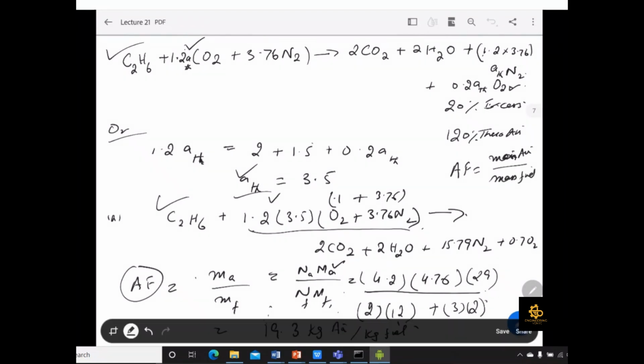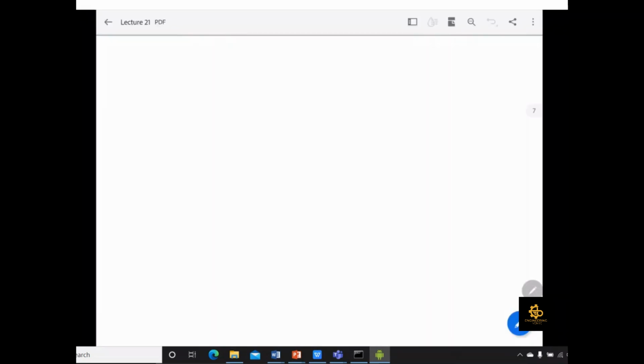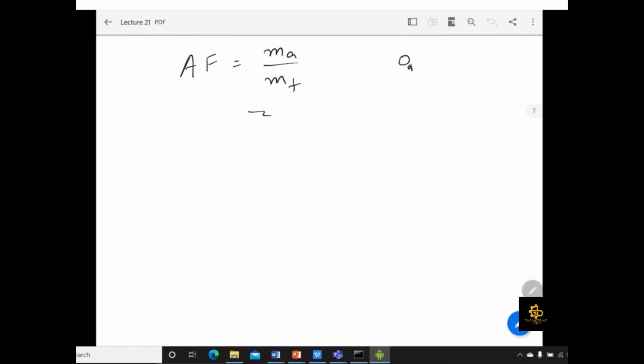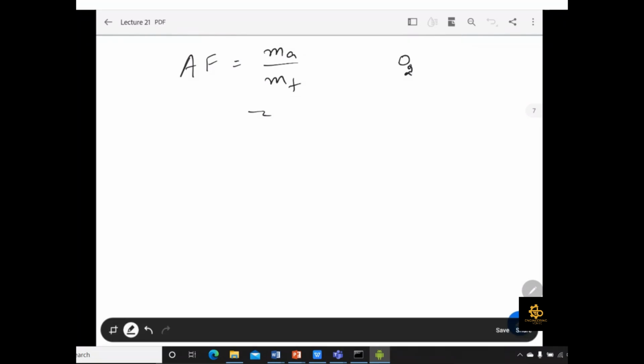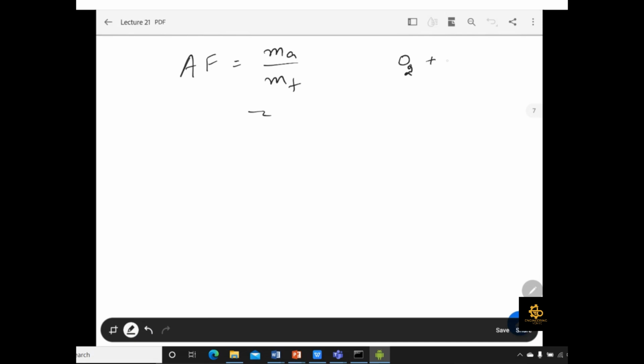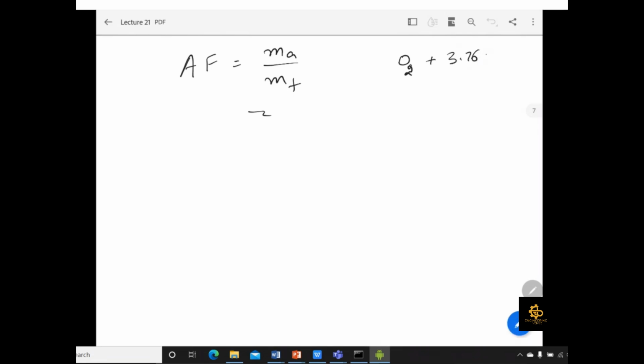So mass of air over mass of fuel. In this equation, what is the air? The air is O2 plus 3.76 N2. This is the standard form of air whenever we have to analyze the combustion process, so we can say it contains 1 kilomole of O2 plus 3.76 kilomole of N2.